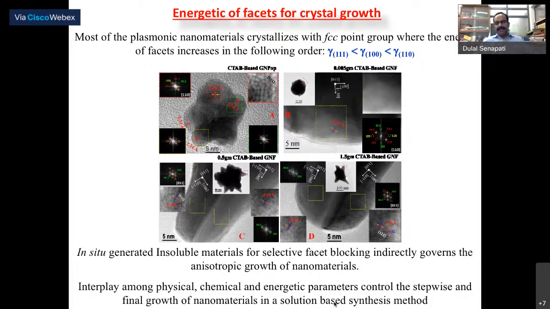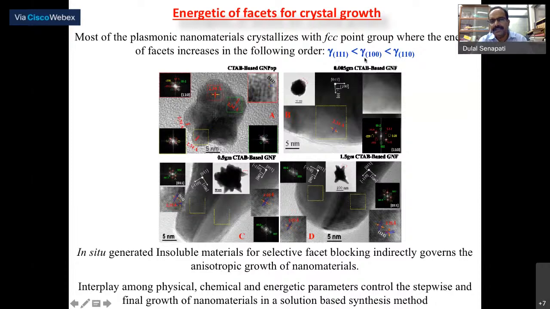Similarly, the energetics also play a very big role. Generally in normal crystallization, there are three primary facets: 111, 110, and 100. Out of these, the energy of the 111 facet is the minimum, so this facet is the most stable one.